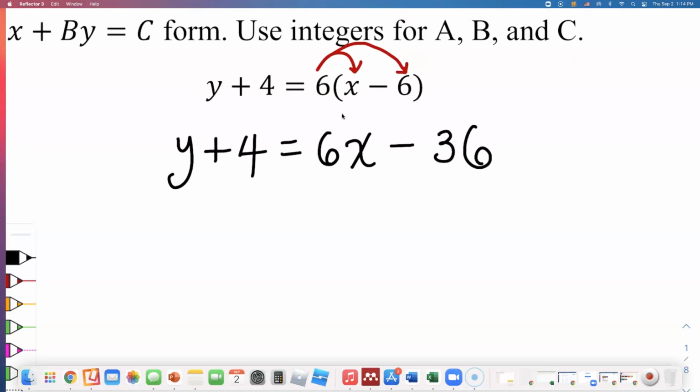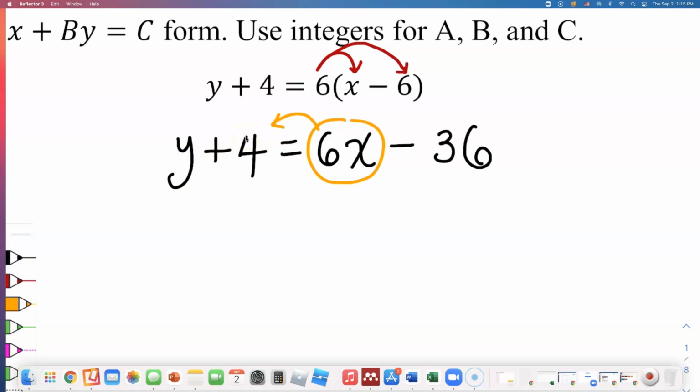I'm going to circle the 6x and say that I'm planning on moving this to the other side. Why? Because 6x has x next to it. This is 6 times x, so it should be on the left side of the equal sign. Y is fine because y is already on the left side of the equal sign.